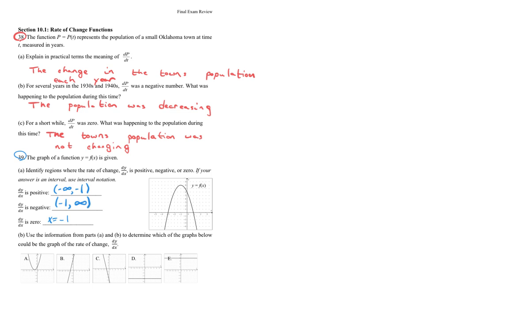So use the information from parts A and B to determine which of the following graphs could be the rate of change dy dx. So on this graph here, we're going to say that dy dx is our y-axis, but we still have x along our x-axis.